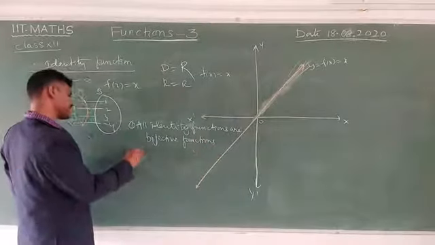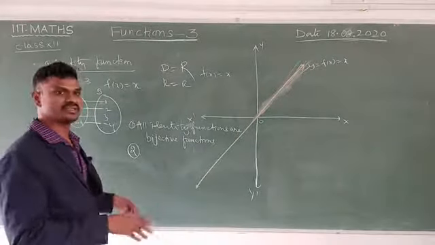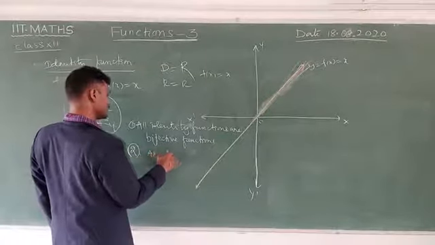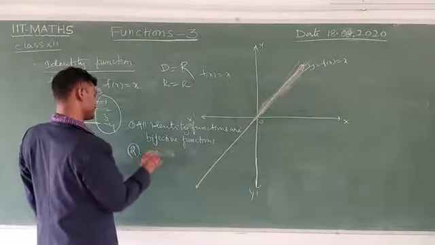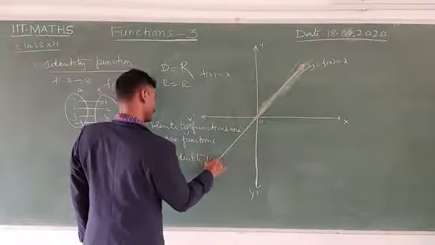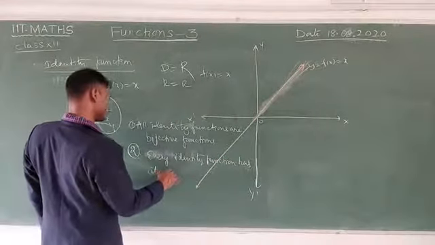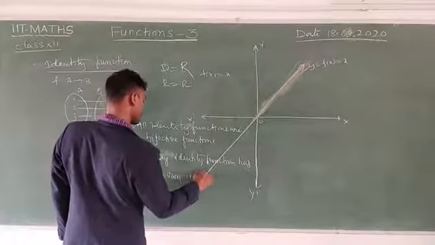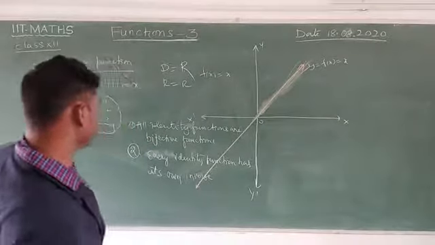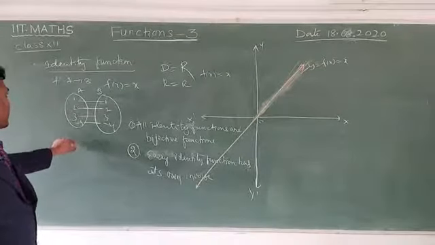Second property, every identity function has its own inverse. This is the identity function. Here monomial function over, linear function over, constant function over, identity function over.